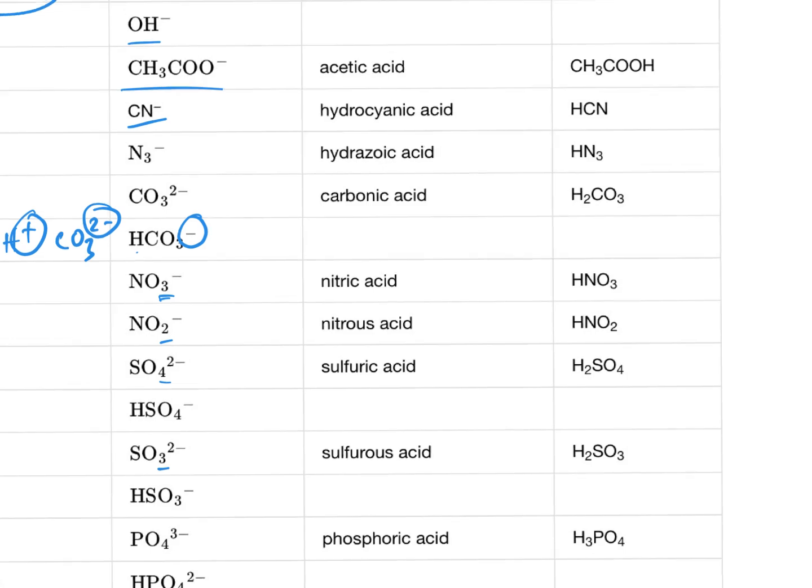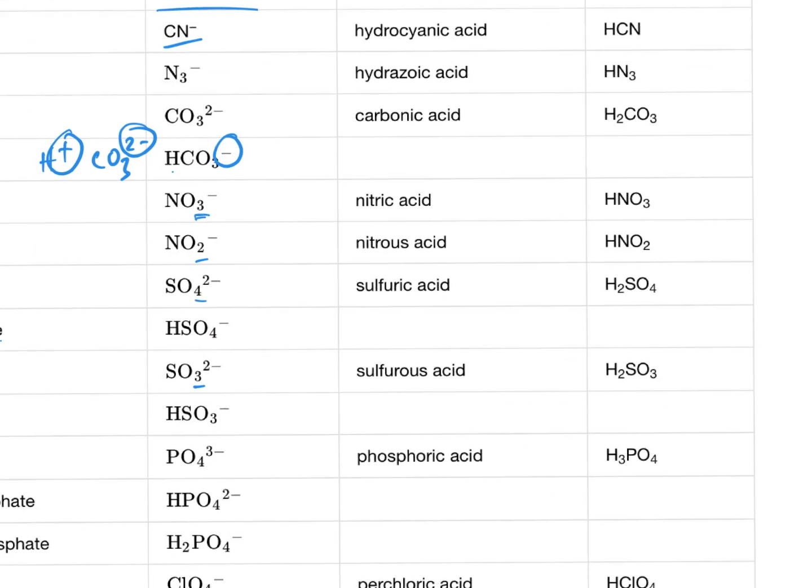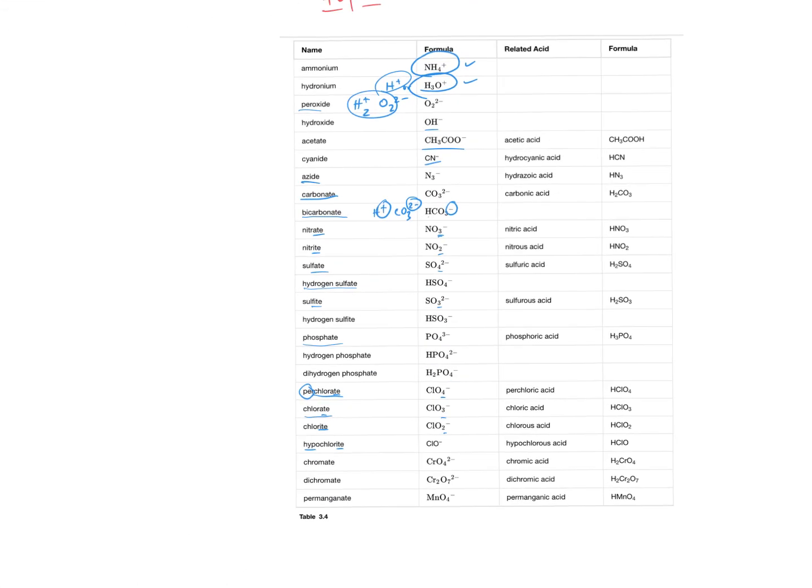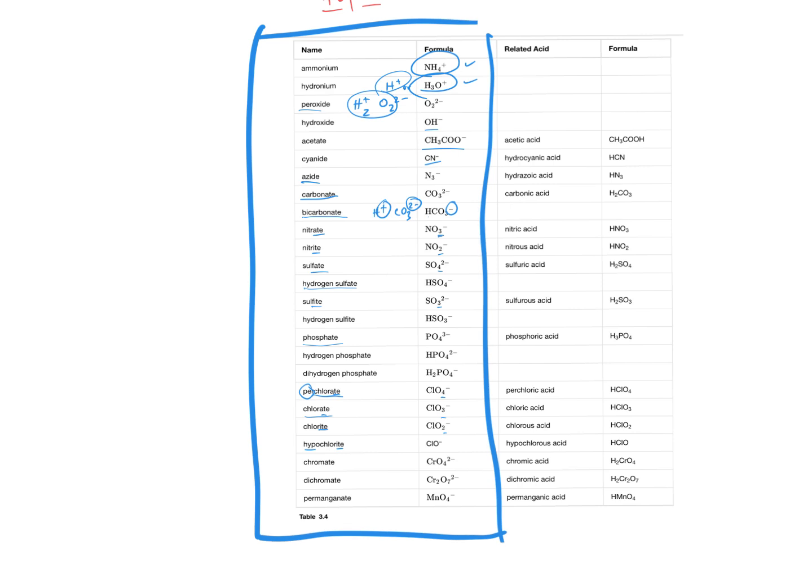So all of these acids we'll do later. That's cool. I didn't realize the acids were on there. These are our polyatomic ions, and these right here are the acids. We'll talk about those later. And you will have to know how to name those. Okay? Or you can use this, right?